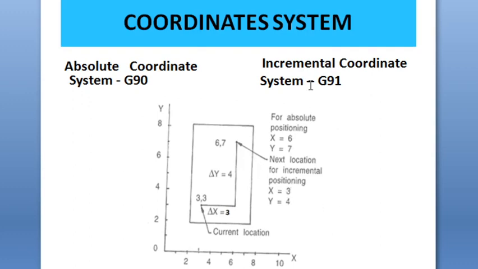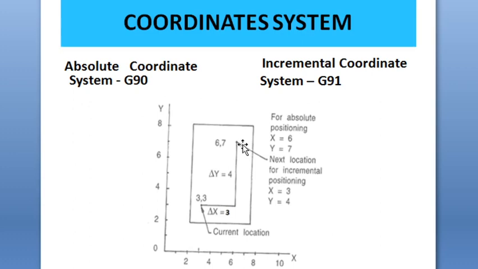In relative or incremental mode, we define the point with reference to the previous point. Here the point Q is defined with reference to the previous location. The X coordinate is incremented from 3 units by 3 units, reaching 6.